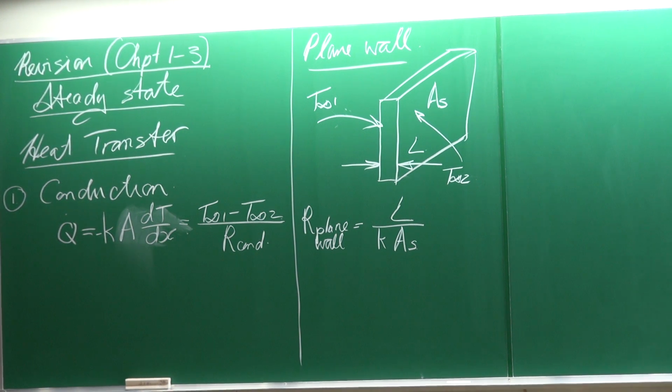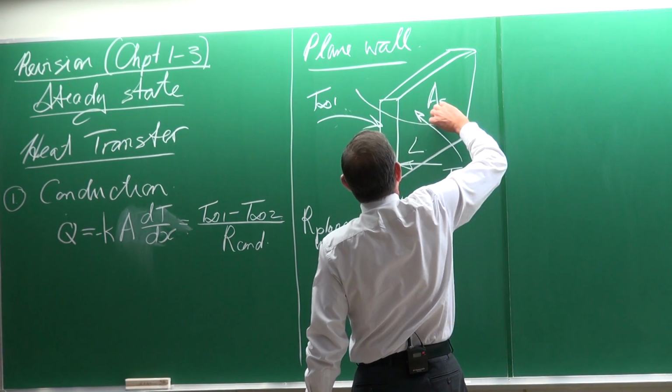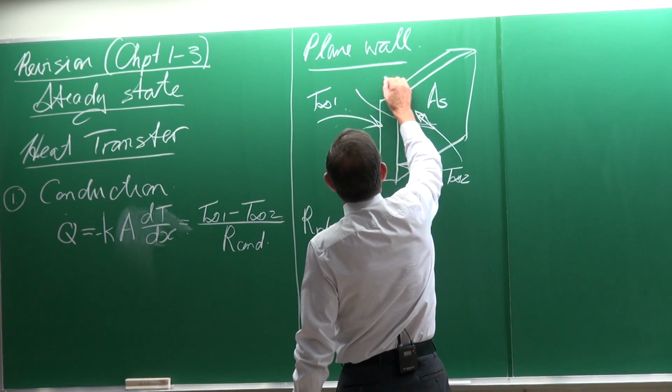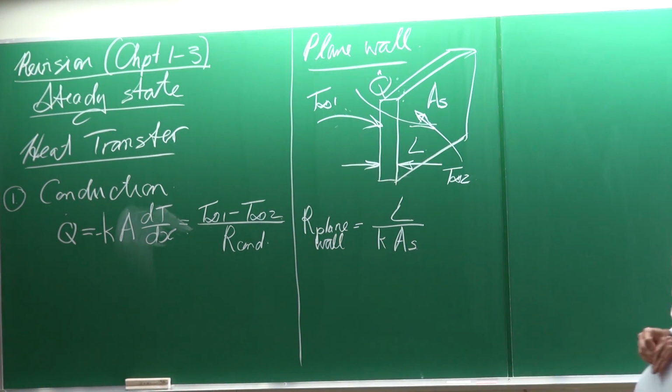So the heat transfer, if I can use a red color here, is actually then in that direction, the heat transfer rate from the one surface to the other surface, in the case of a plane wall.